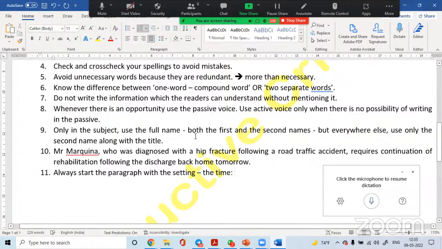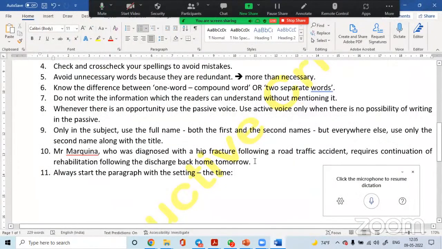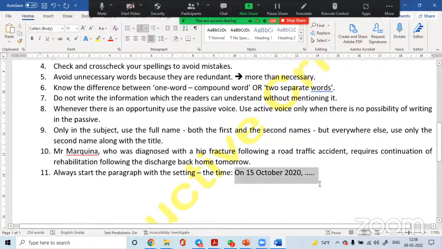For example, you can write on 15 October 2020, comma, dot, dot, dot. That is the continuation. So like that you have to start. That is called the setting.